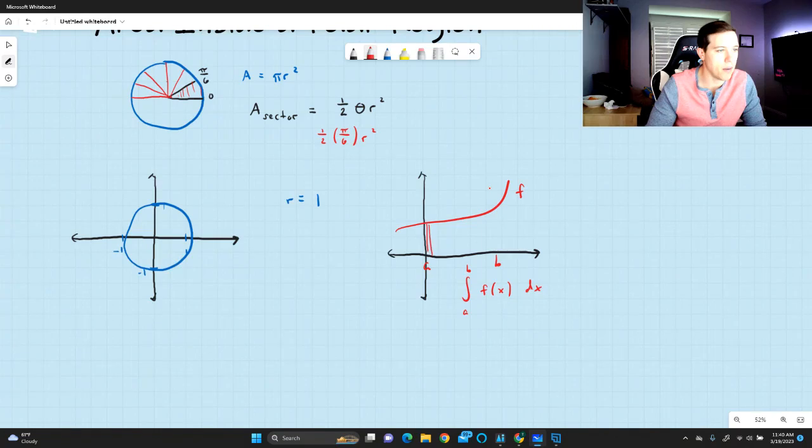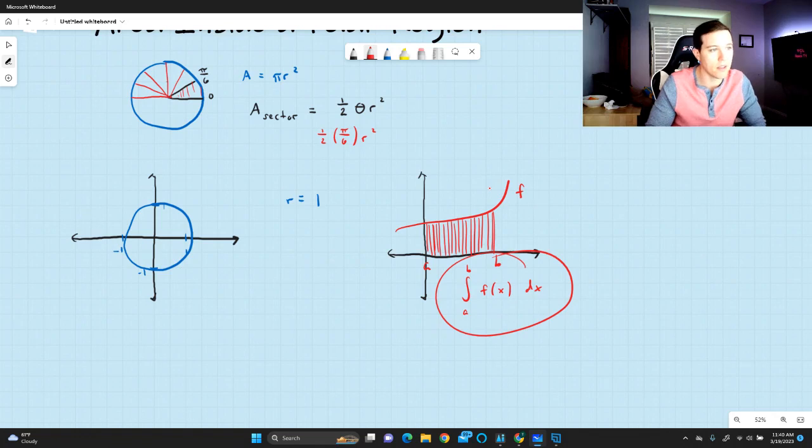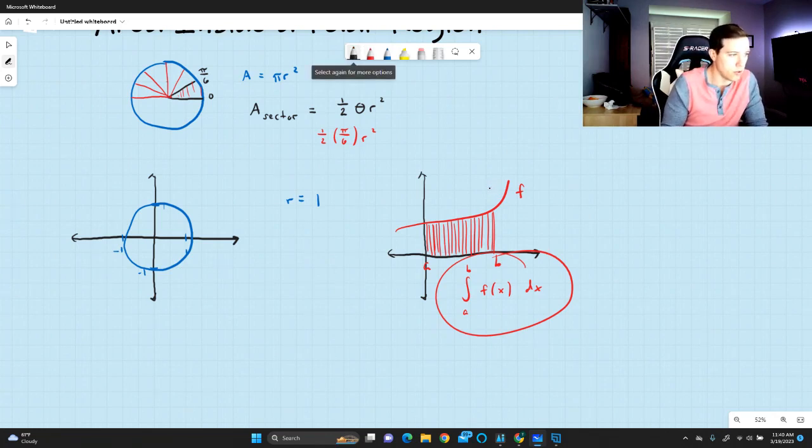You're adding up a bunch of rectangles that are infinitely skinny all side by side. That's what this calculation does. It adds up infinitely many, infinitely skinny rectangles. So, can we apply a similar idea to the world of polar functions? And yes, of course we can. And it works like this.